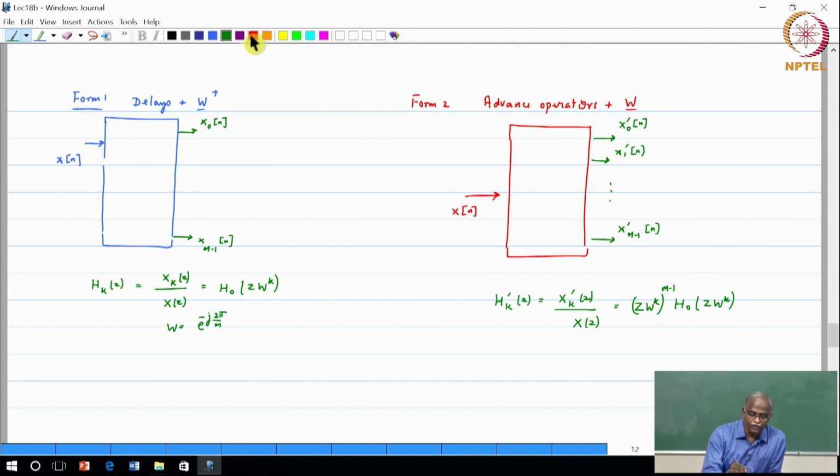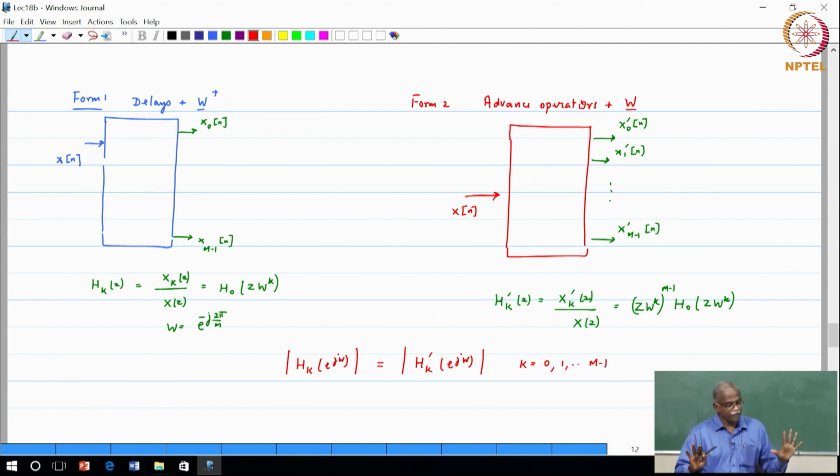But basically what this says is that the magnitude response modulus H k e to the j omega from form 1 is the same as what you get from form 2, H k prime e to the j omega in magnitude; the phase terms will go. This is for all values k equal to 0 to m minus 1. So, these are equivalent forms, both of which are useful for spectral analysis.